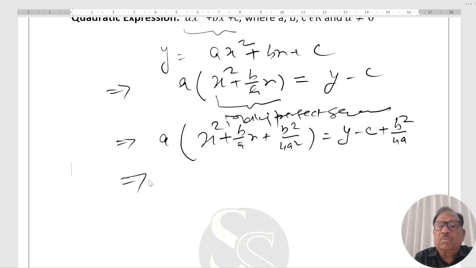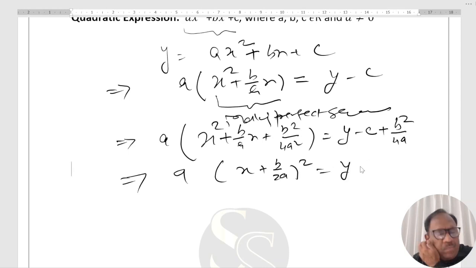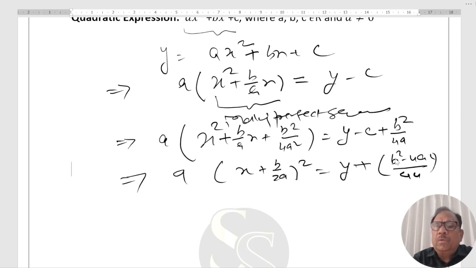On simplification, this comes out to be a times (x plus b by 2a) whole square equal to y plus b square minus 4ac divided by 4. Right?